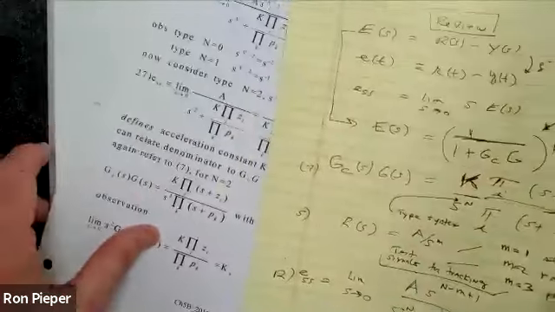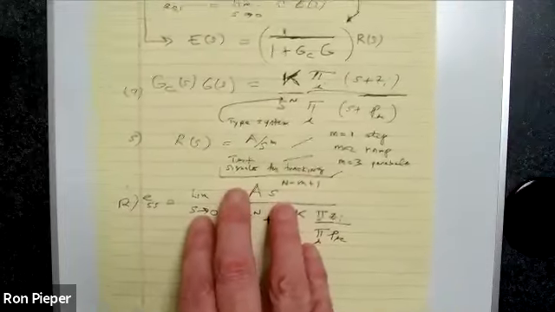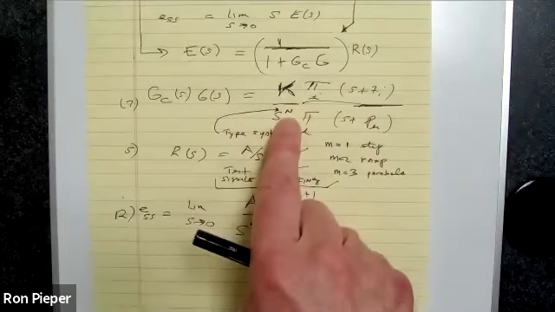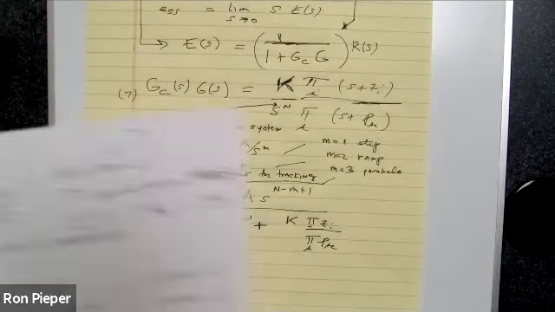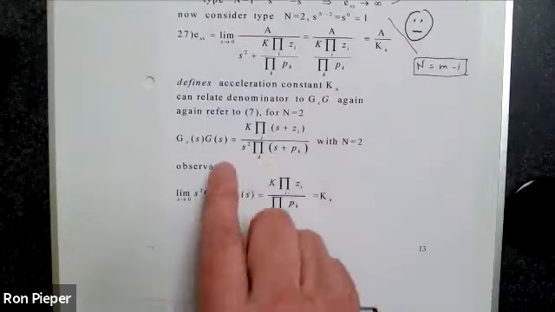I have it on my review page here. For n equal to 2, that puts a 2 there. That's the only change that takes place, and we see that the GCG can be represented this way.